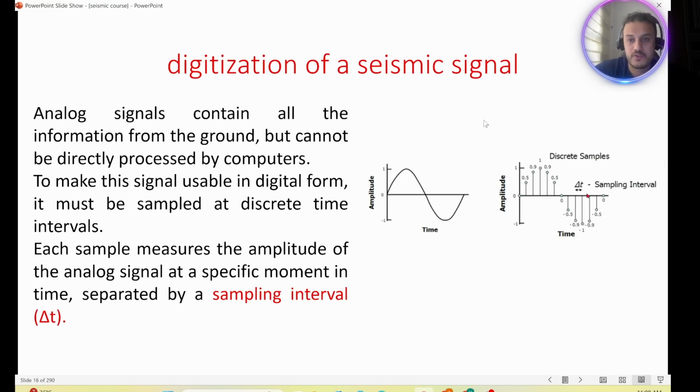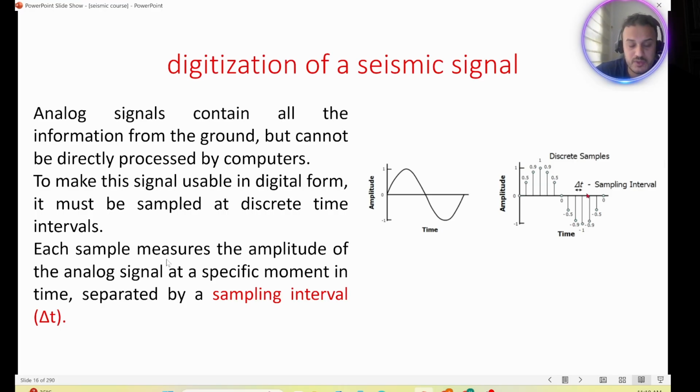Digitizing of seismic signals. The analog signal contains all the information from the ground but cannot be directly processed by a computer. So we need to change the analog signal into discrete samples, so it will have 0 and 1 values, so we can use it within the computer and do our analysis.